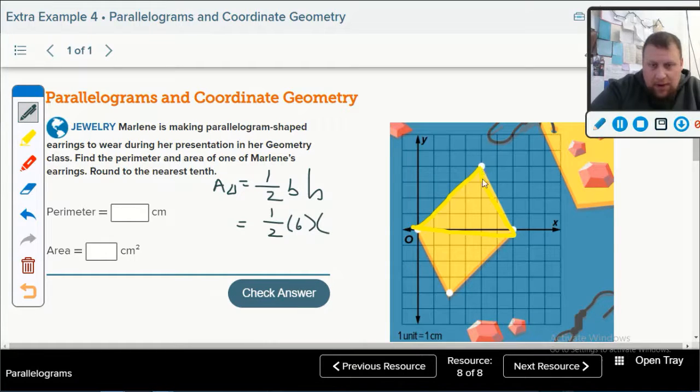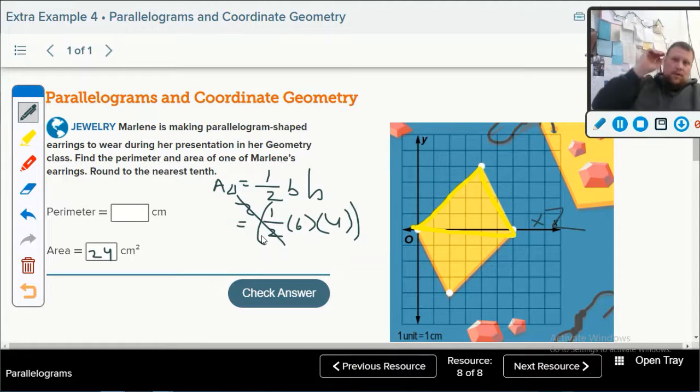Well, my height is right here. 1, 2, 3, 4. A 4. And then how many of these triangles do I have? Well, I have 2, so I'm going to multiply that times 2, which is really great because when I multiply it times 2, guess what? That 1/2 cancels out, and I'm left with 6 times 4 is 24. So we know the area is 24.